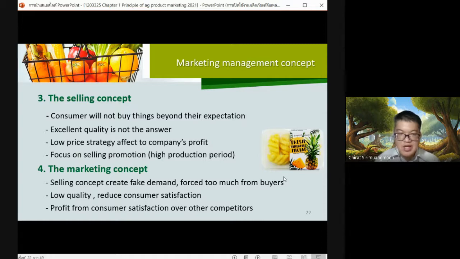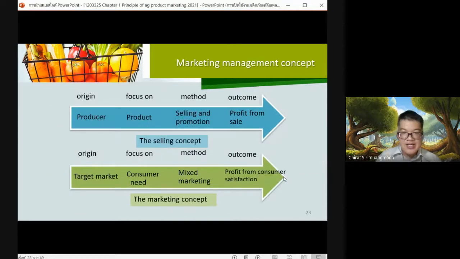How are they gonna do it? They're gonna apply some marketing strategy directly to the products. So I would compare both concepts with these pictures. So think about this one. It's totally different because selling concept starts from the producers. Then they focus on the products.